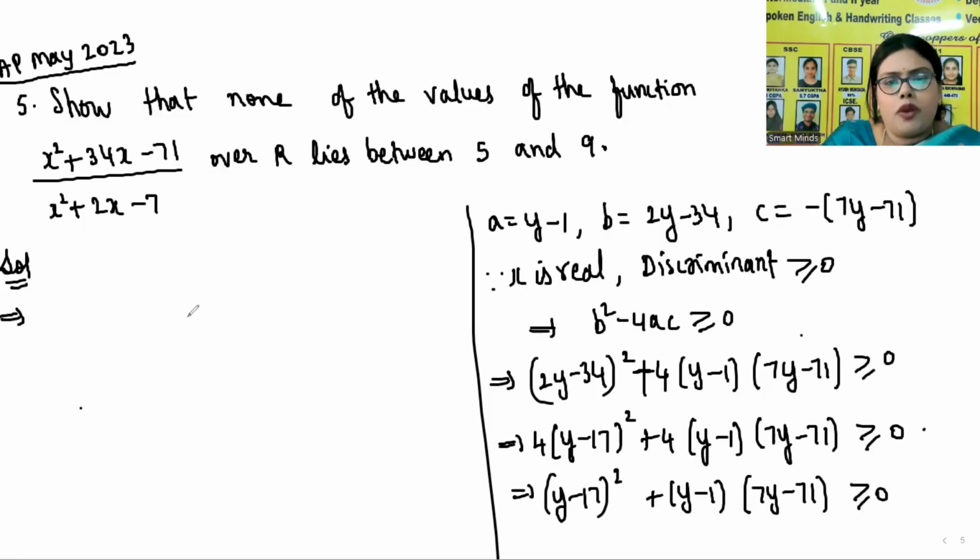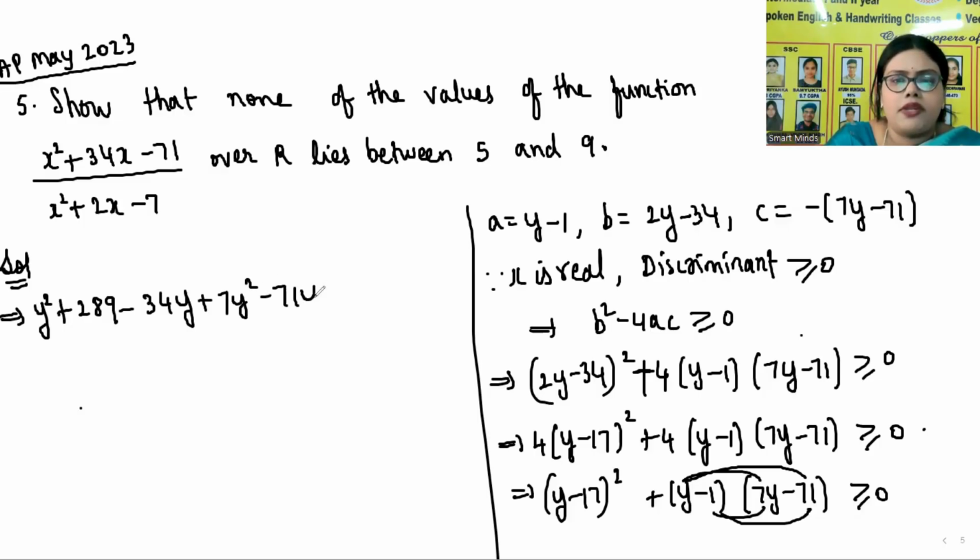Now (y minus 17) whole square is in the form (a minus b) whole square, so a square plus b square: 17 square is 289, minus 2ab is 34y. Plus these two brackets you multiply now, this into this, this into this, this into this, this into this. So that becomes 7y square minus 71y minus 7y plus 71 greater than or equal to 0.